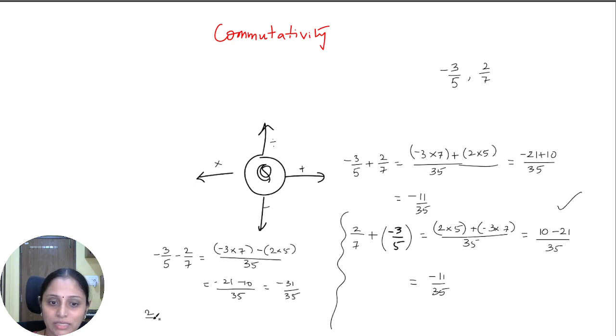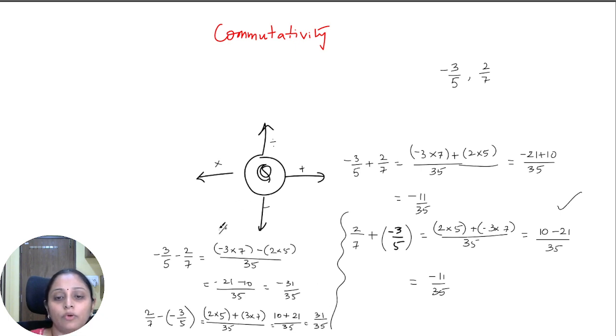My 2 by 7 minus of minus 3 by 5. Again I am going to take the LCM here, 35. So this will give me 2 into 5, minus of minus will become plus 3 into 7, which is 10 plus 21 by 35, which is equal to 31 by 35. Now clearly these two are not equal, therefore I can conclude that subtraction is not commutative for the set of rational numbers.